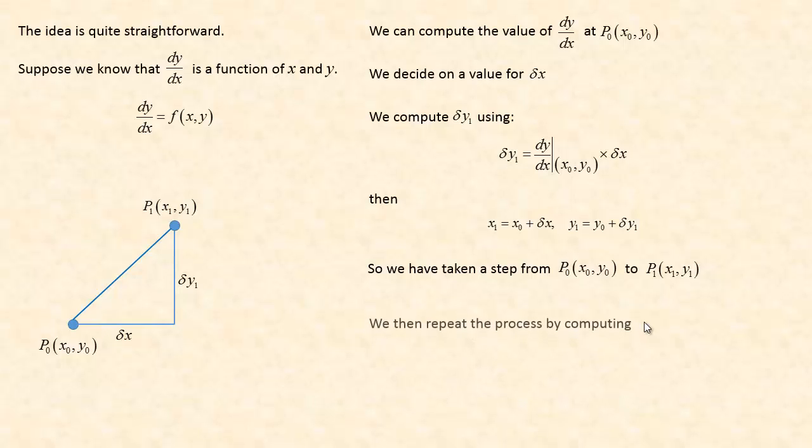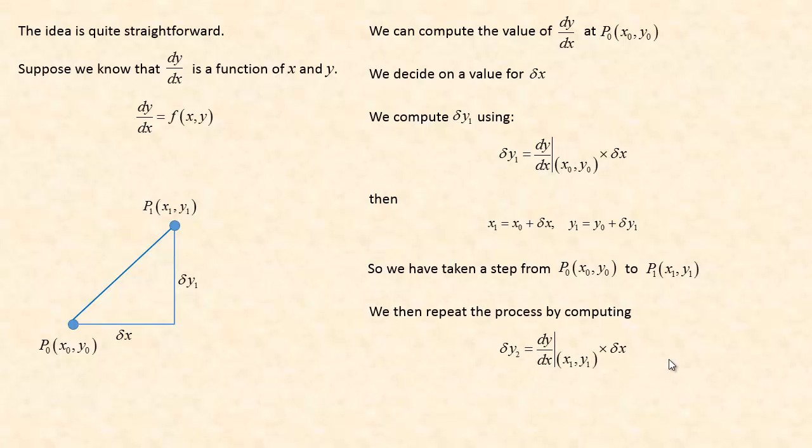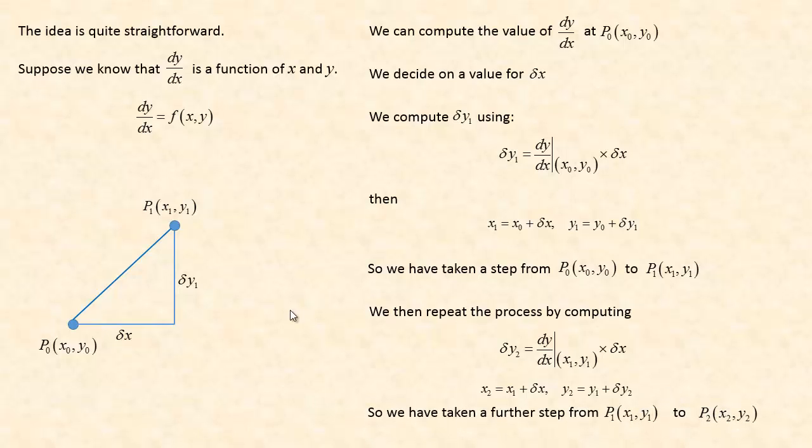So we can repeat the process by then computing that delta y2 is dy dx evaluated at our new point multiplied by delta x. Then we do the same sort of calculation as before. x2 is x1 plus delta x, y2 is y1 plus delta y2, and then we take a further step.